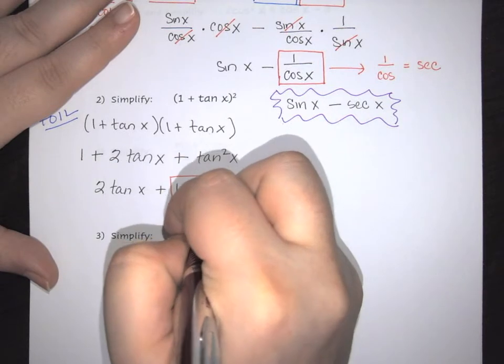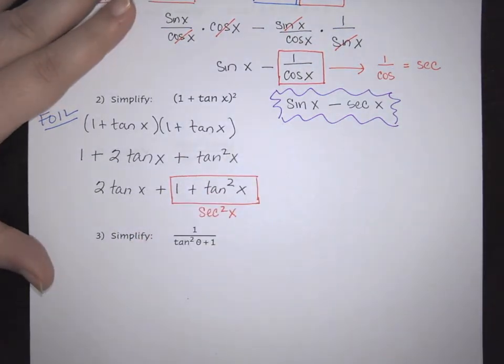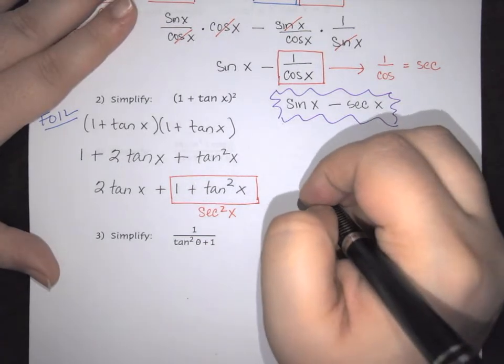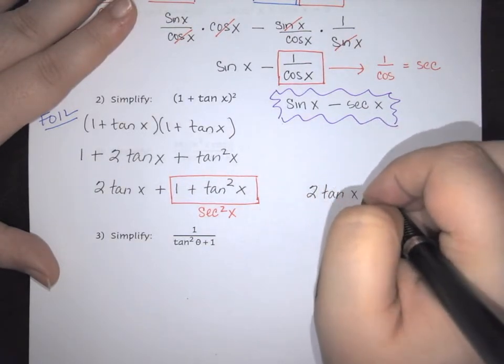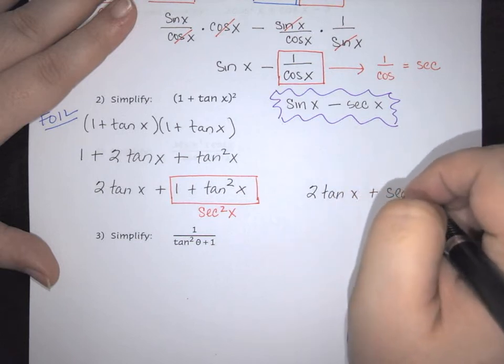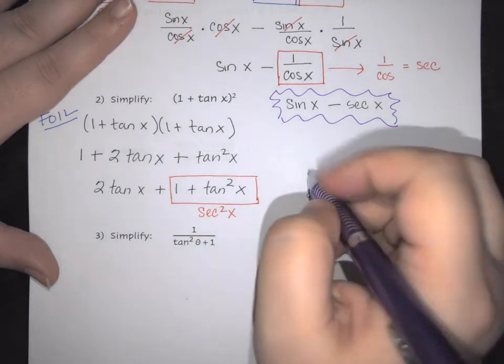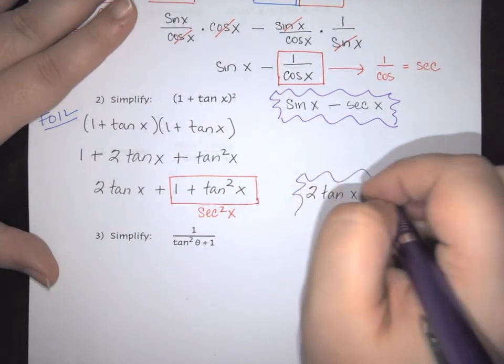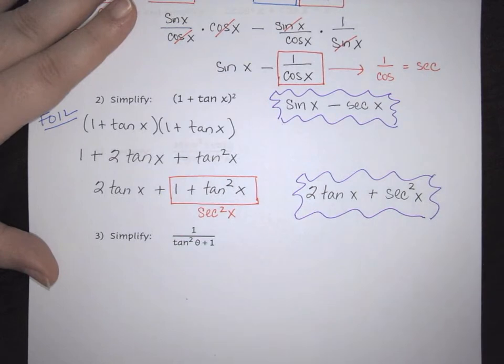So this right here should be secant squared of x, using again that Pythagorean identity. So my answer here is going to come out to being 2 tangent of x plus the secant squared of x. And in this case, there's nothing else for us to do, so we have our solution.